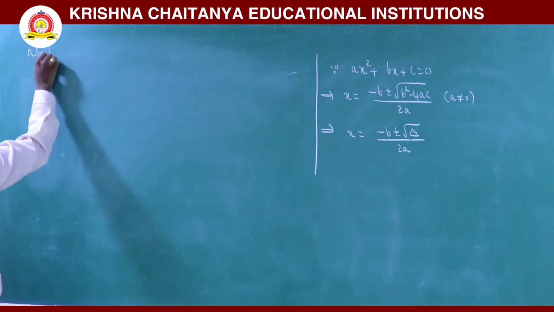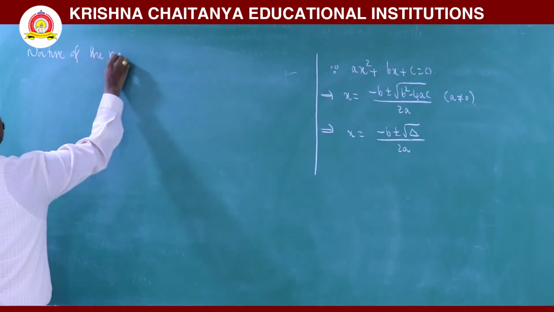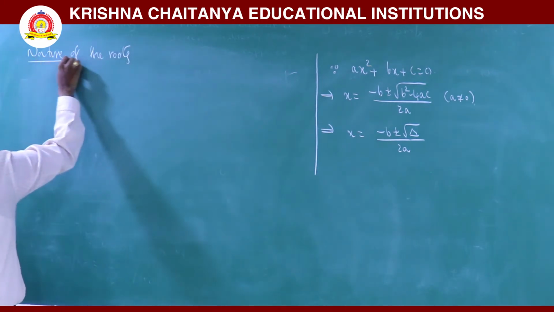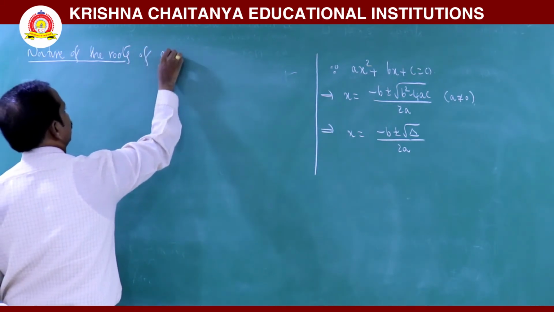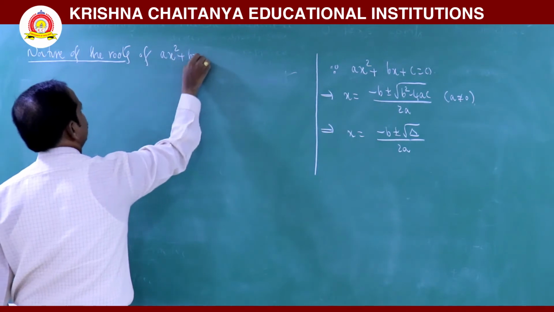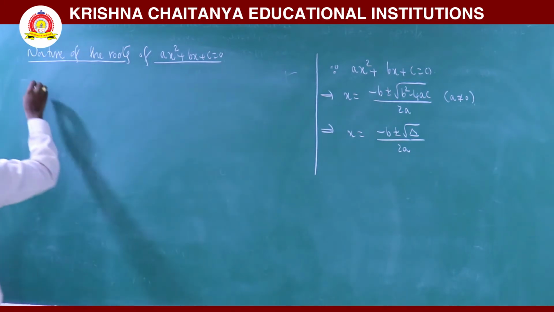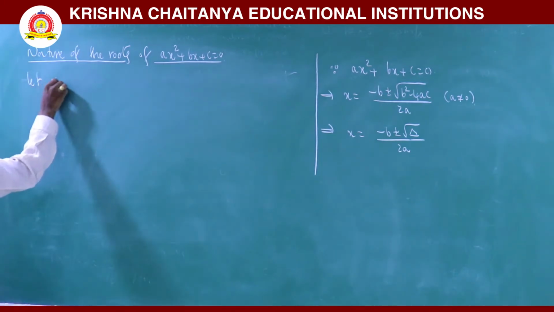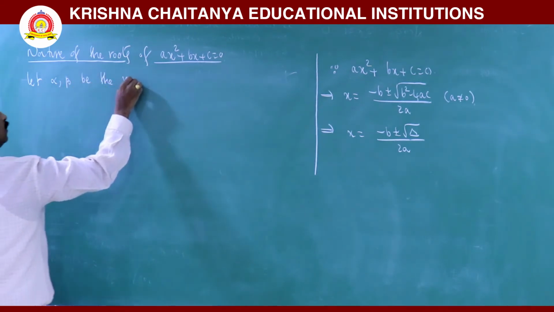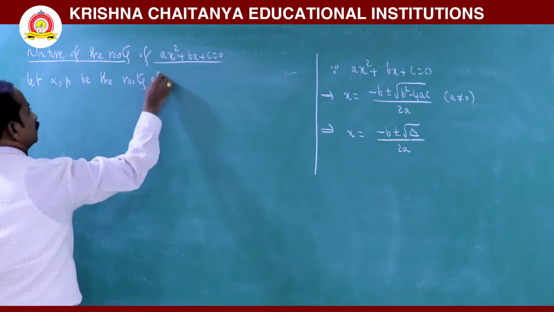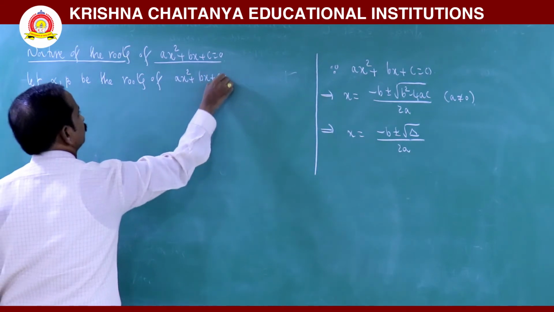Nature of the roots of the quadratic equation ax² + bx + c = 0. Let alpha, beta be the roots of ax² + bx + c = 0.